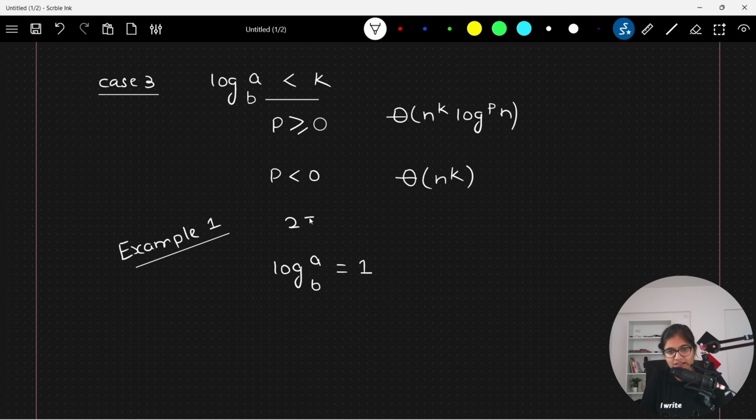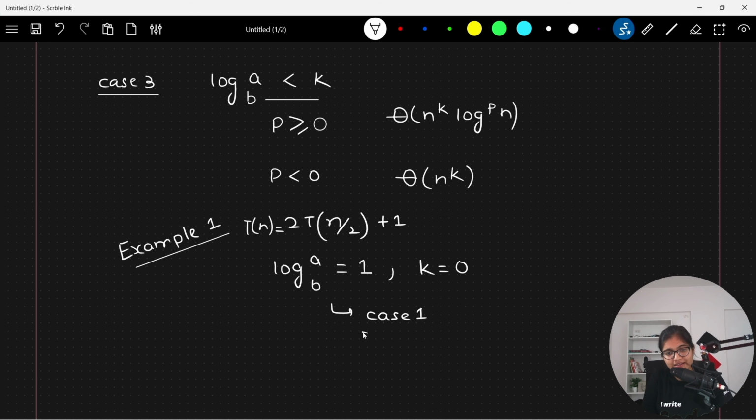So here we are having 2T(n/2) plus 1. This is a recurrence relation that we have. Now, the value of log of a base b is equal to 1, and the value of k which we have evaluated is 0. So this clearly falls under the category of case number 1.